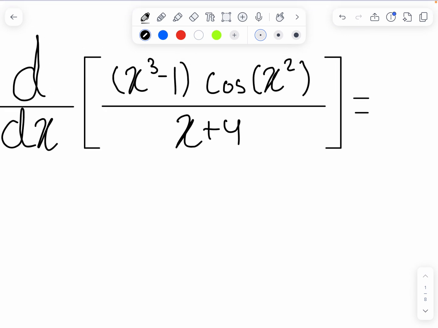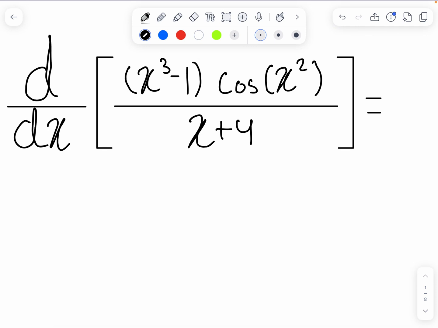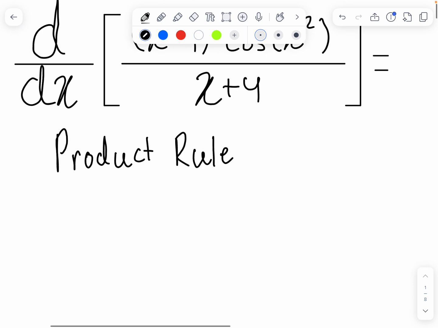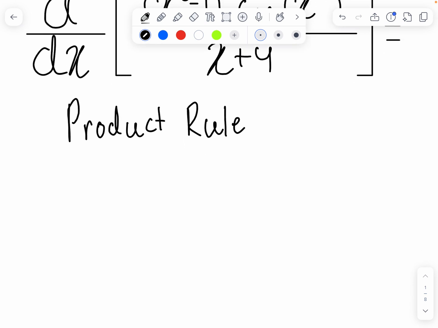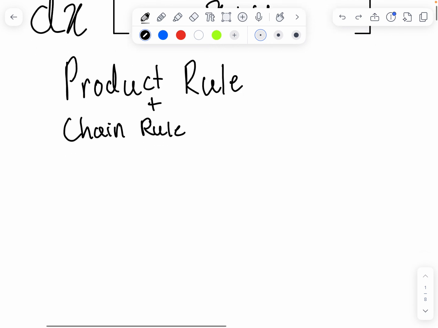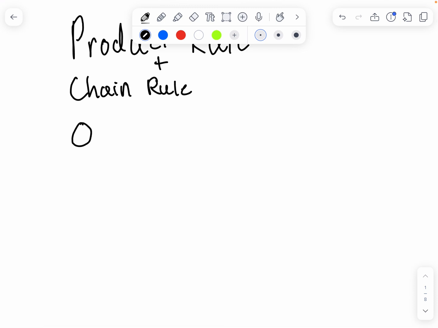Or not hints, since you've probably already done it, but in your solution or your work, you should have used the product rule, combined with the chain rule, so these two, and then in the second half you should have used the quotient rule.